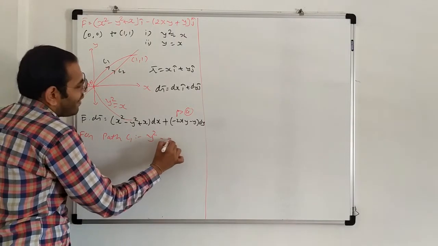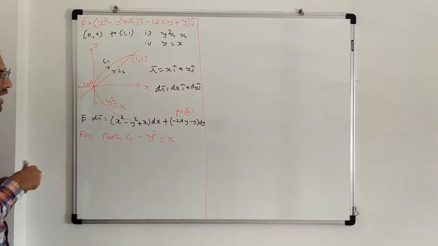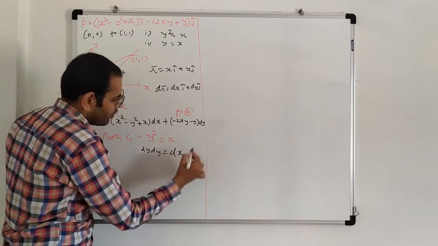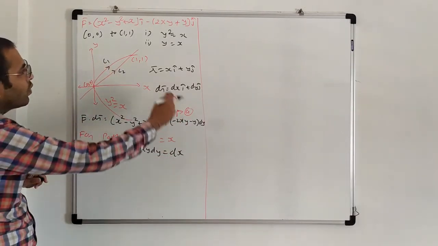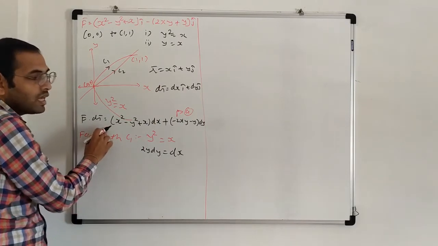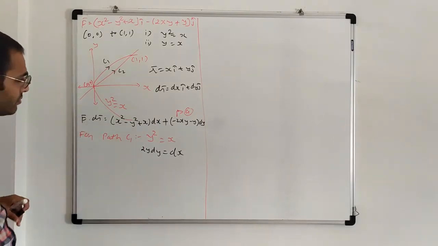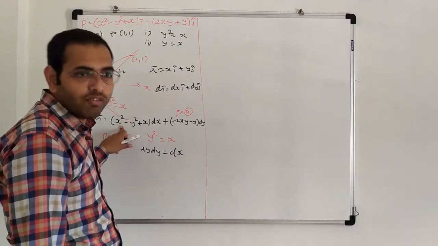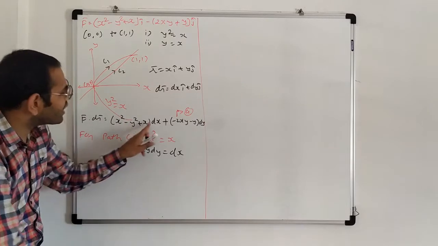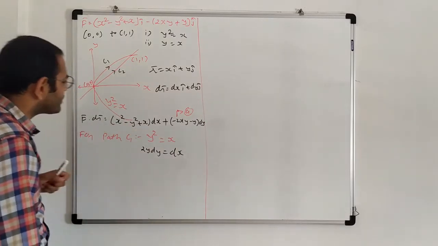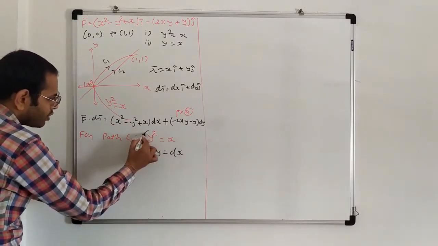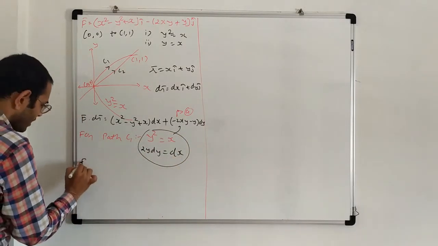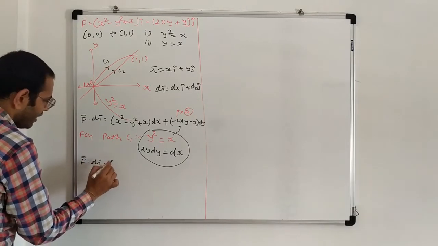That is y square equal to x. Taking the derivative, 2y dy equal to dx. Now convert this equation into a single variable. We can convert in terms of x, or in terms of y, or also in terms of t. Substitute in this equation and convert it in terms of y.